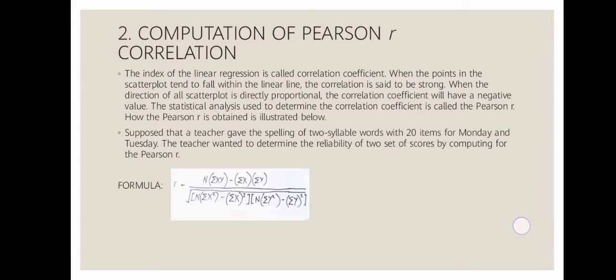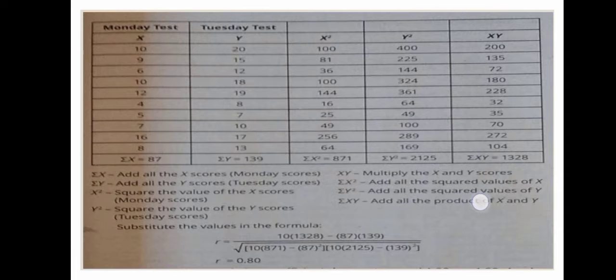So, this is the formula of the correlation coefficient. X is the Monday test and Y is the Tuesday test. Those are the scores, going down. X and Y, X squared, Y squared, and XY. For X squared, square the value of the X scores.